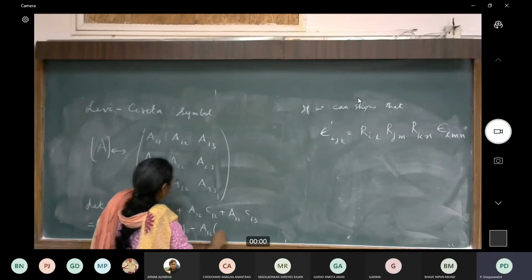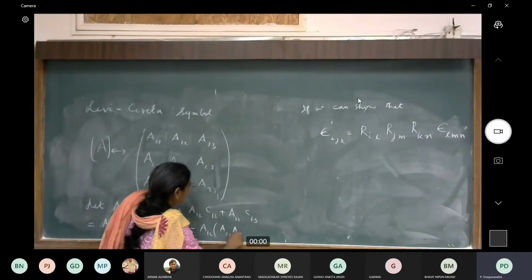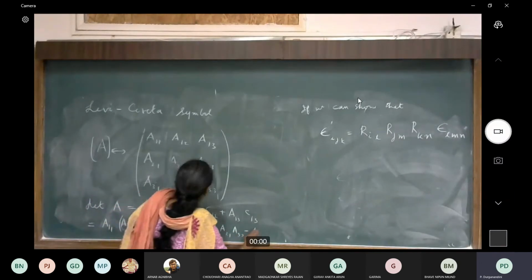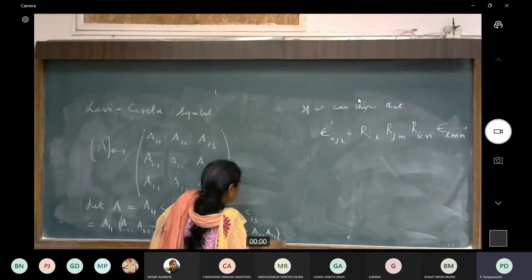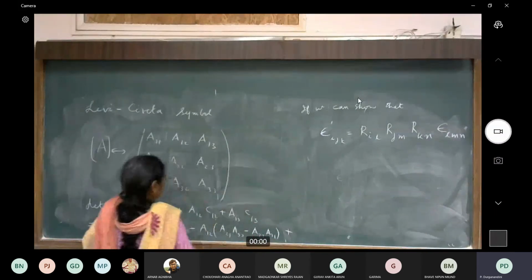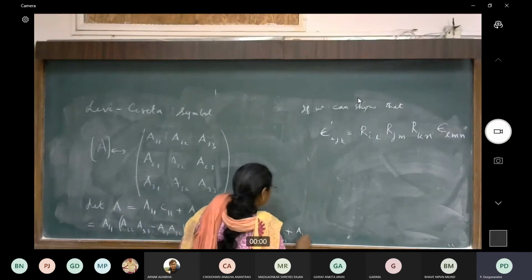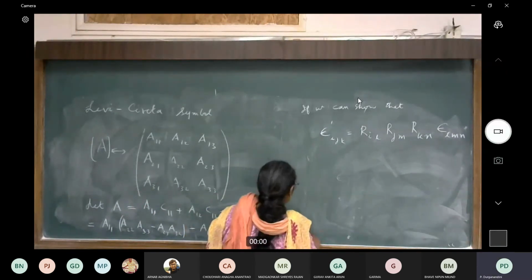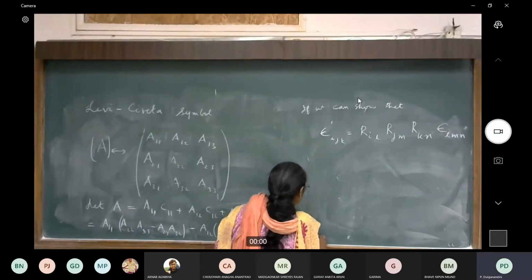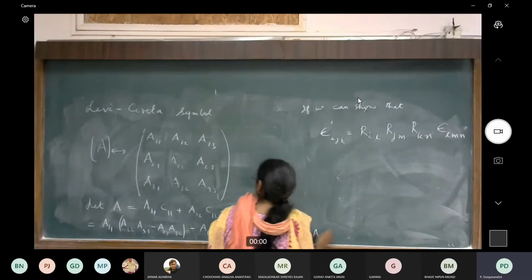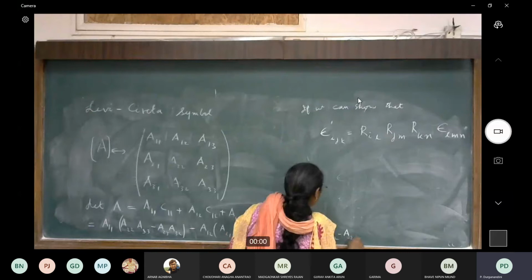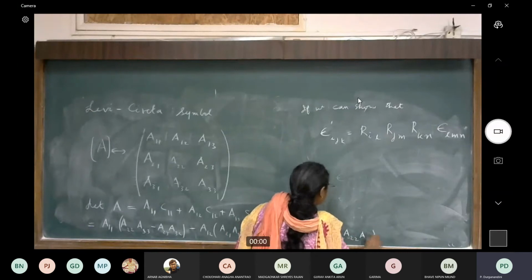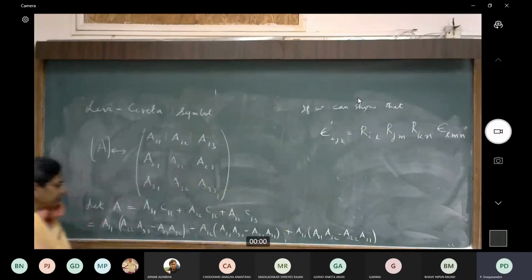And I'm going to get A21 A33 minus A23 A31, plus finally A13 into A21 A32 minus A22 A31. So everybody agrees with me that this is the determinant of your matrix A.